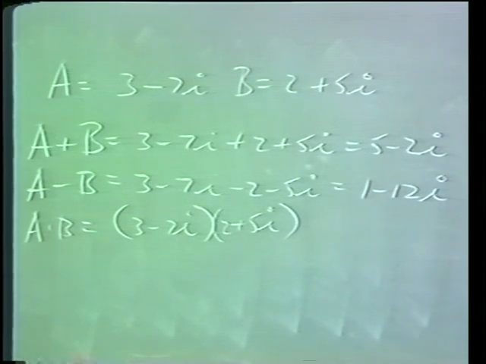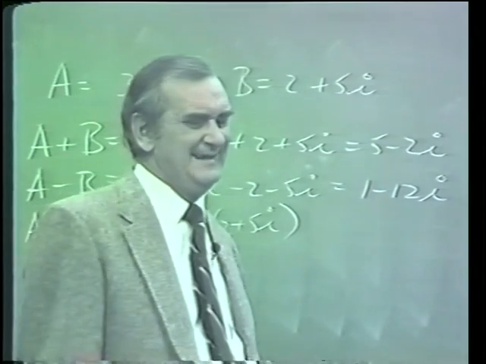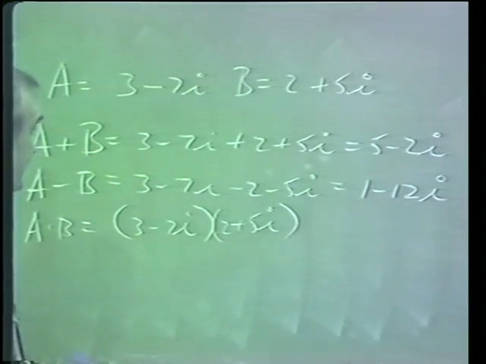Okay, little FOIL. What do we get for an answer? Tony? 41 plus i. Very good. 41 plus i. Let's see how we get it.